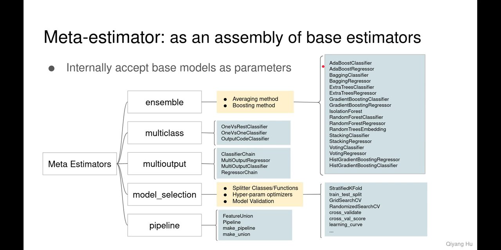As you can see here, it contains AdaBoost classifier or regressor, gradient boost classifier or regressor, and random forest classifier or regressor. In our demo, we will use the random forest classifier as an example.